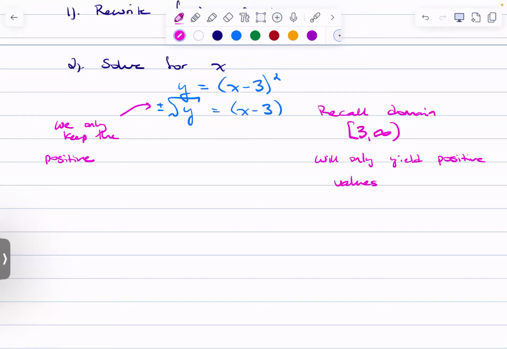If you had restricted your domain from negative infinity to 3, then 2 minus 3 is negative. 1 minus 3 is negative. 3 minus 3 is 0. So then it would go all the way from negative infinity to 0. And so then in that case, you would use the negatives, and ditch the positives.